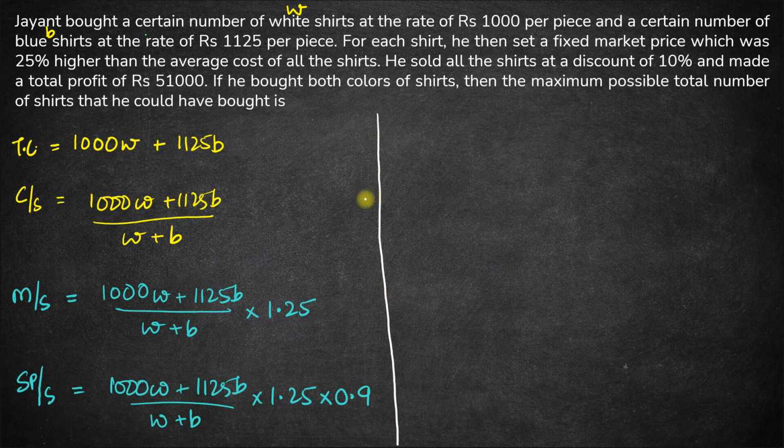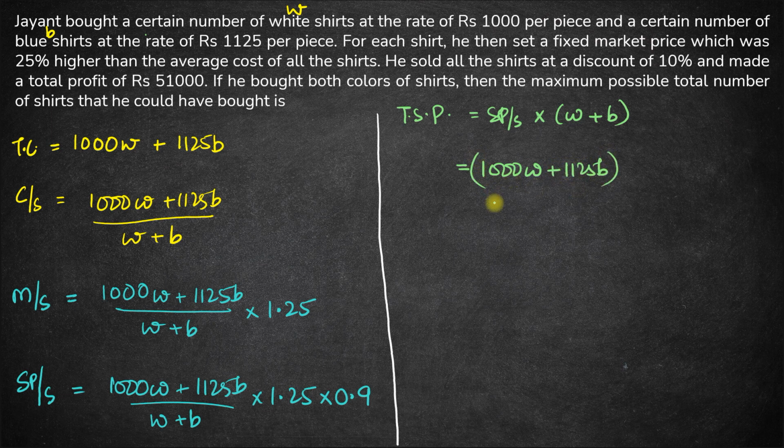Now it is given that he sells all the shirts at this price. The total selling price will be the selling price per shirt into the number of shirts, which is W plus B. So W plus B in the denominator and the numerator get cancelled out. So the total selling price will be (1000 W plus 1125 B) into 1.25 into 0.9.